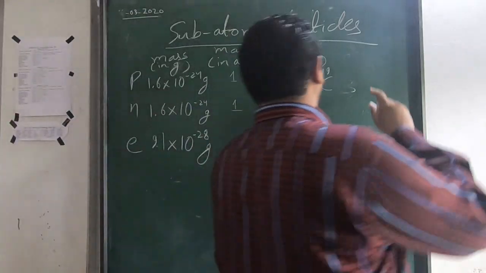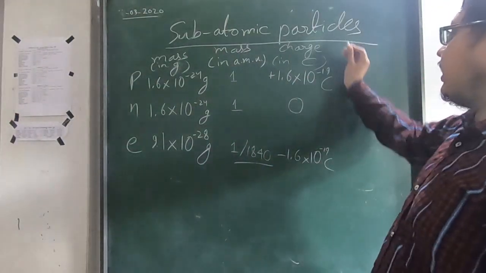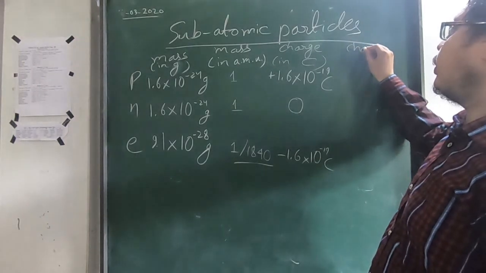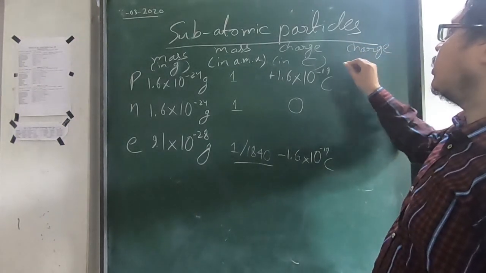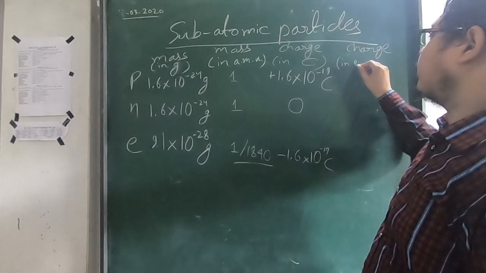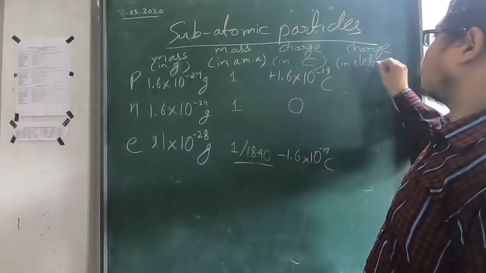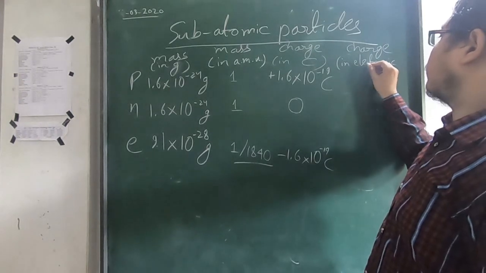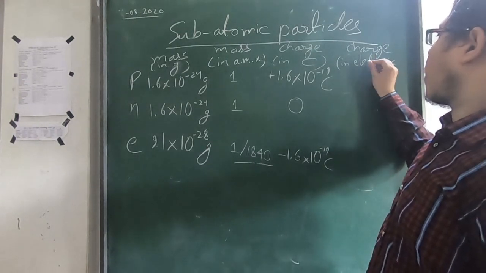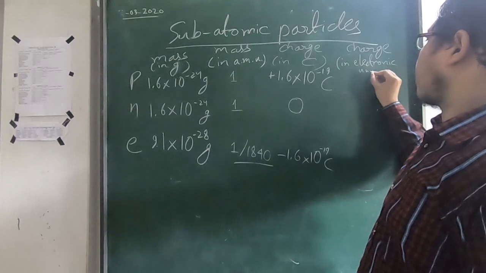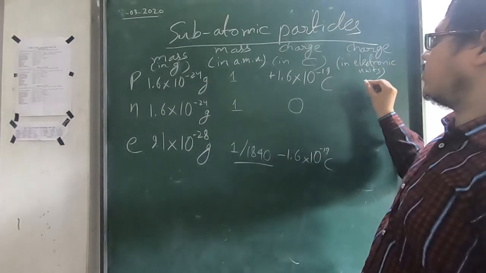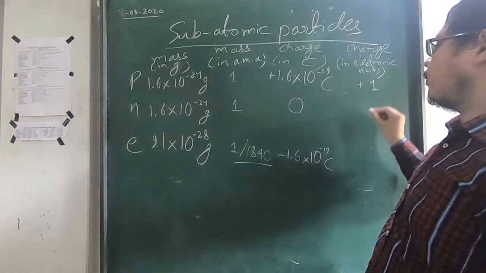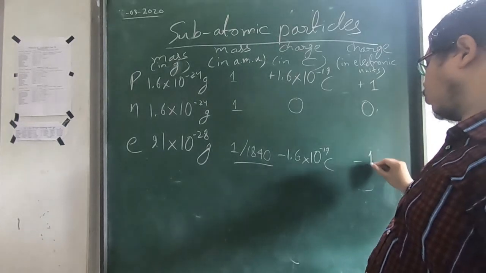And finally, if we move on to the charge in electronic units, which we will use more often here, this will be considered as plus 1, this is still 0, this is minus 1.